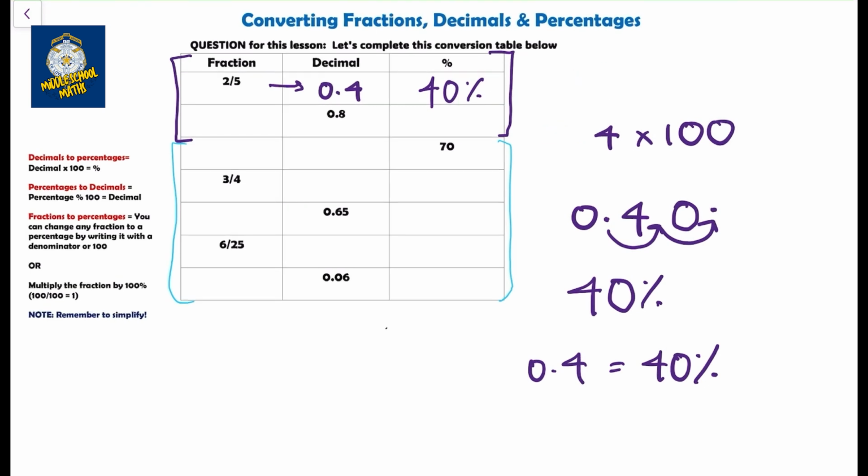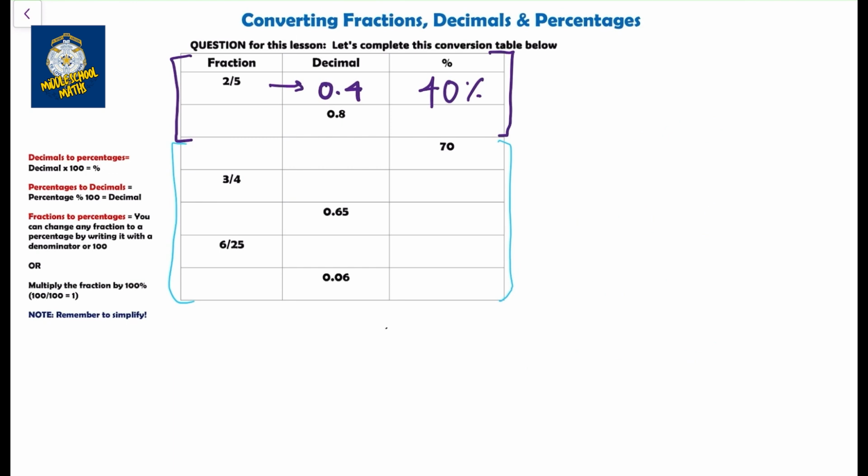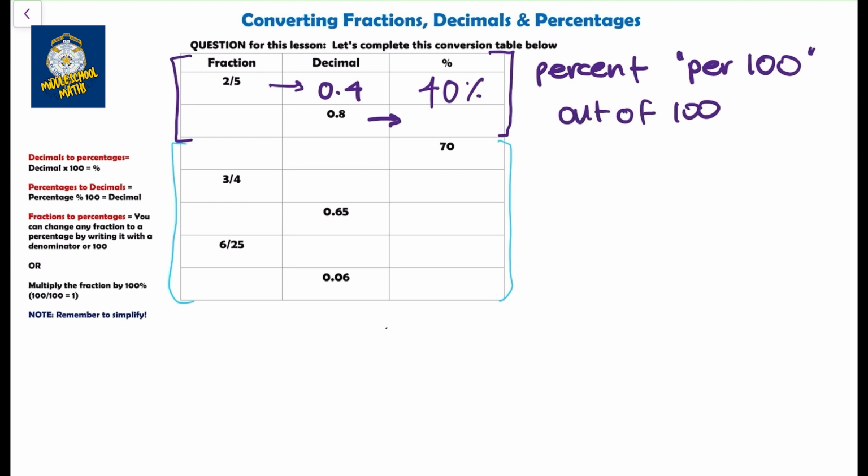Let's move now to the second row, and we can see that we have the decimal 0.8. So let's first try and change that into a percent or a percentage. So fun fact, the word percent actually means per 100, but we can think of it just as out of 100.